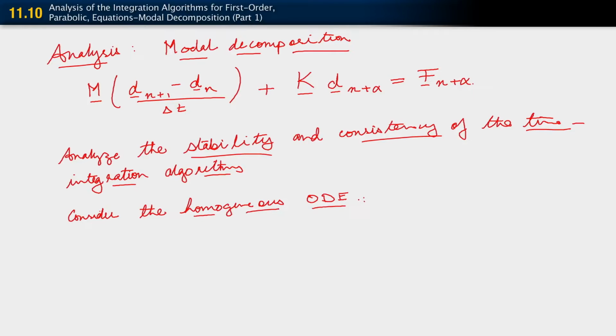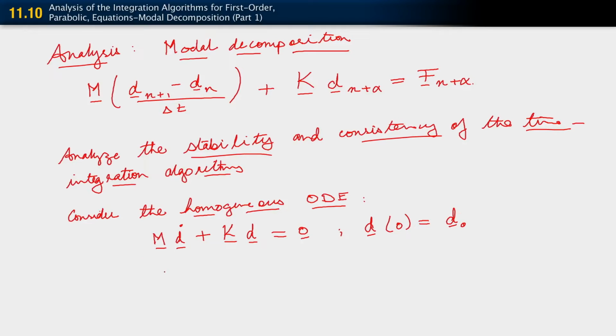The time exact version of the homogeneous ODE that we are working with is this: M d dot plus K d equals 0, with the initial condition d at 0 equals d naught.